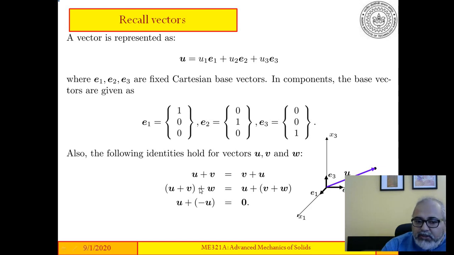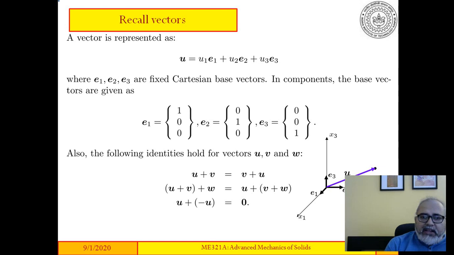So you can add u plus v and add w later, or you can add first v plus w and add u later. You get to the same answer as long as you use the parallelogram law correctly. And then for every u, there's a minus u that you can define, so that the addition of these two is a null vector. So these are obvious properties that you already know.